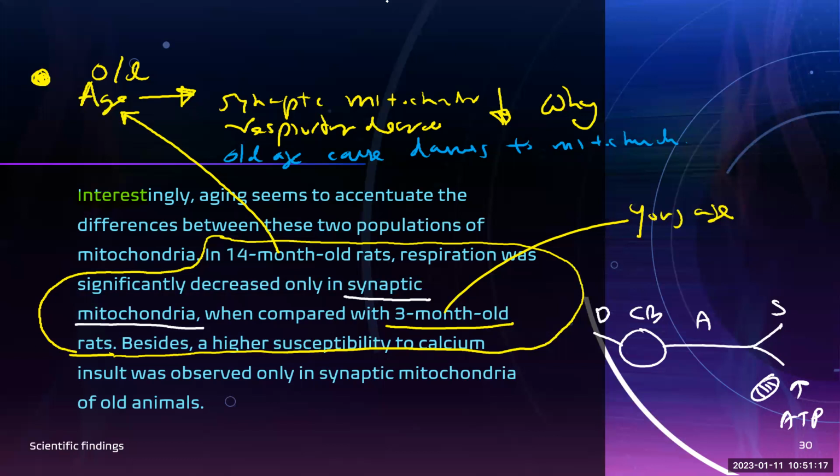Besides, a higher susceptibility to calcium insult was observed only in synaptic mitochondria of old animals. What does it mean?